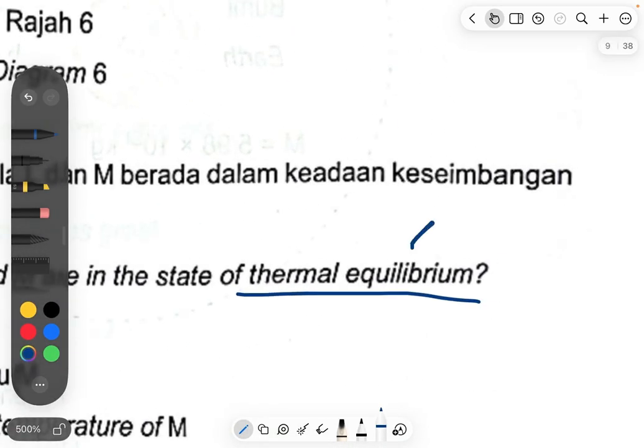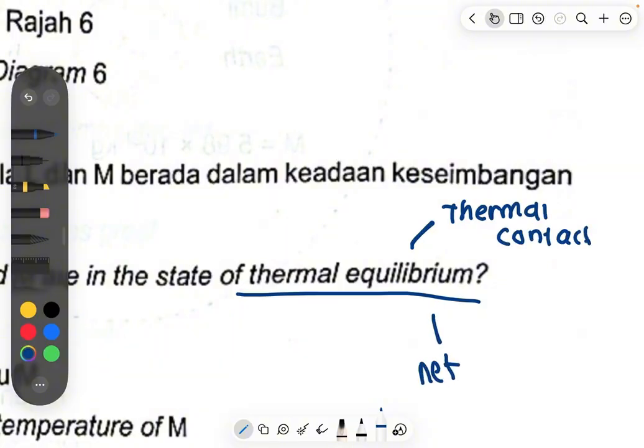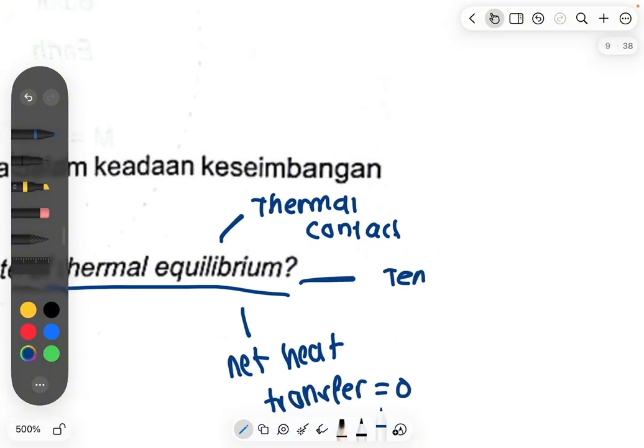So thermal equilibrium, remember, needs thermal contact. After thermal contact, the net heat transfer is equal to 0, and the temperature of both objects is the same.